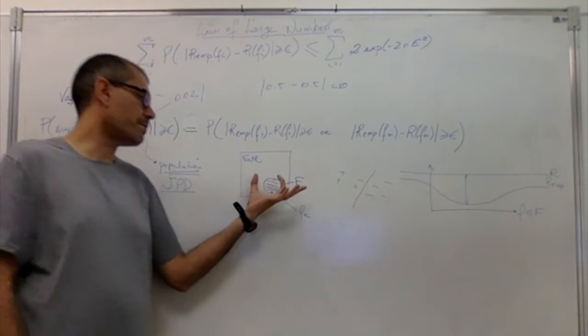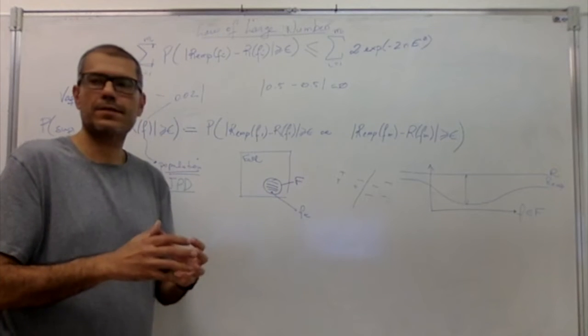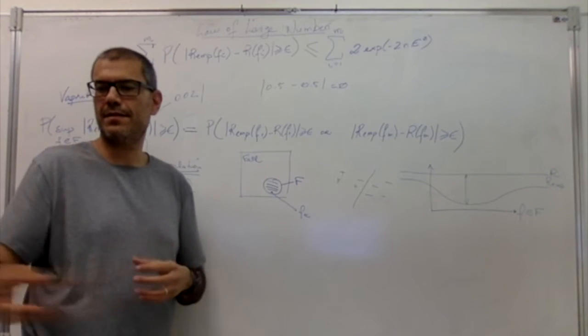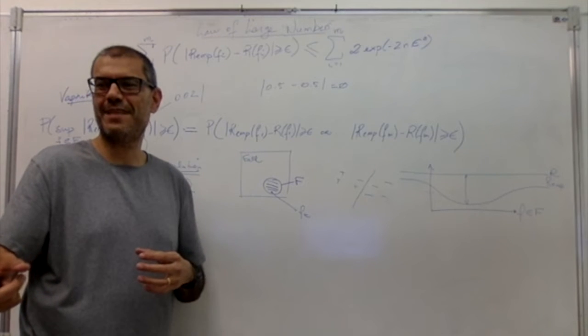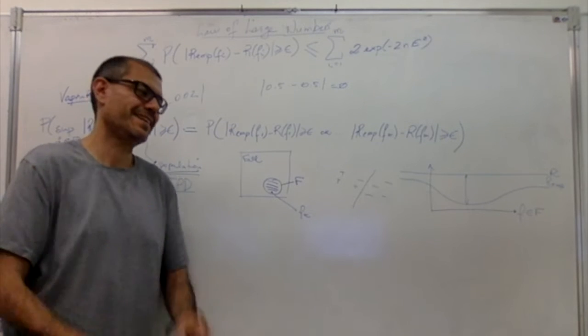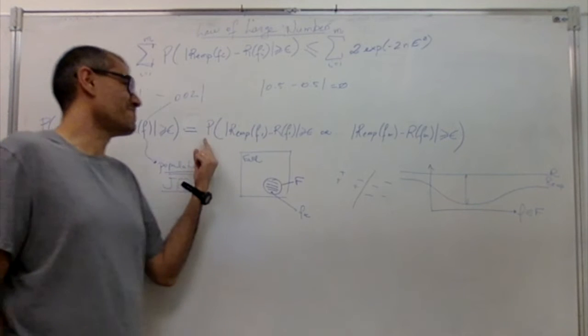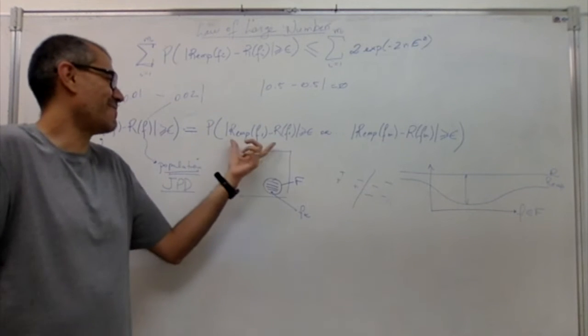The capital F is a bias. It defines the subspace of functions. Okay, no problem. Somehow we're shooting, but that's going to be okay afterwards.